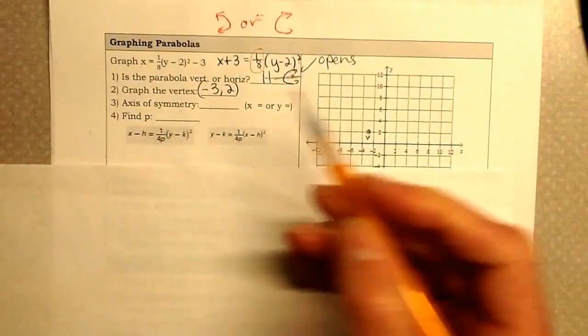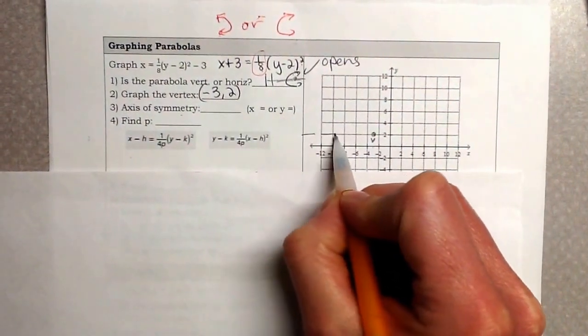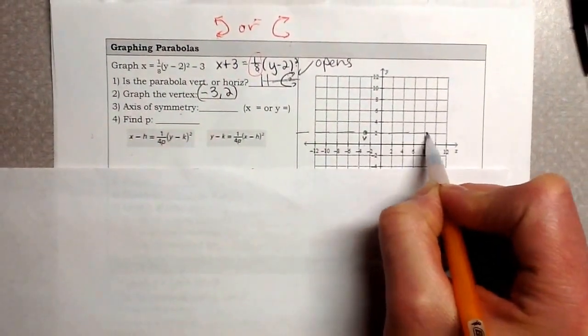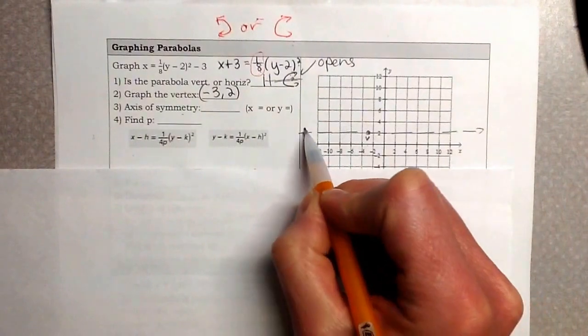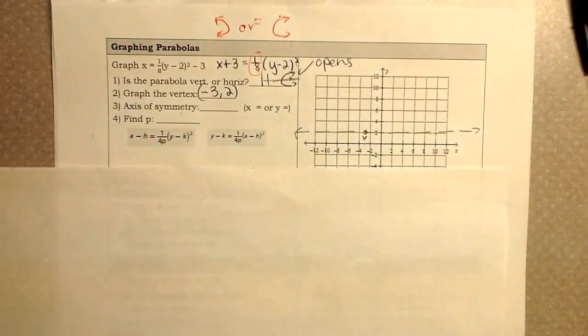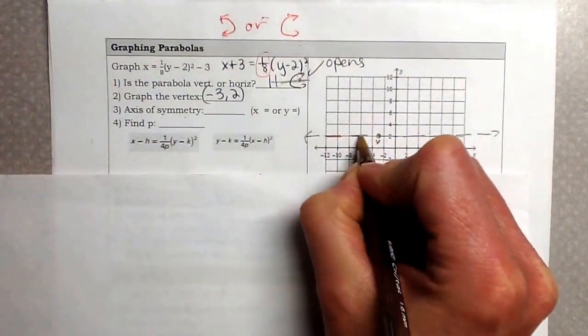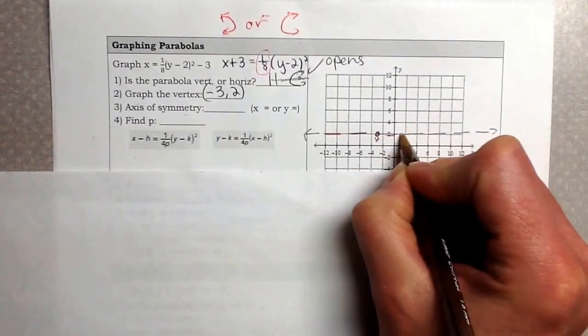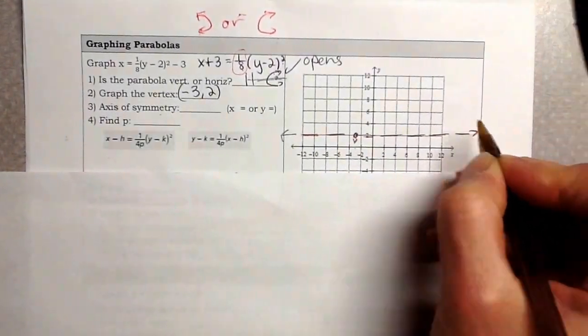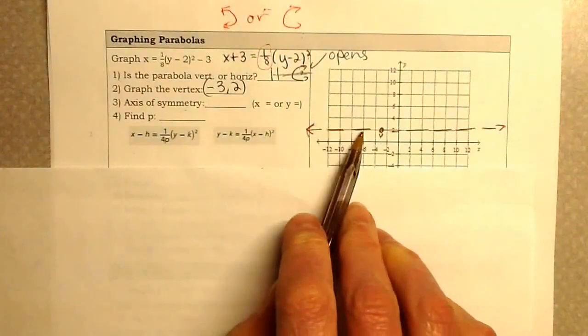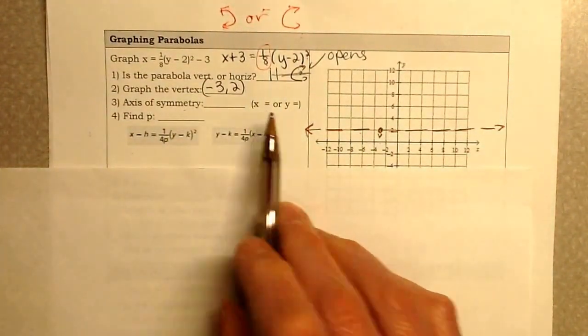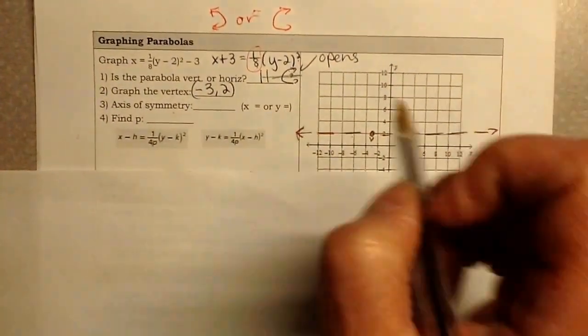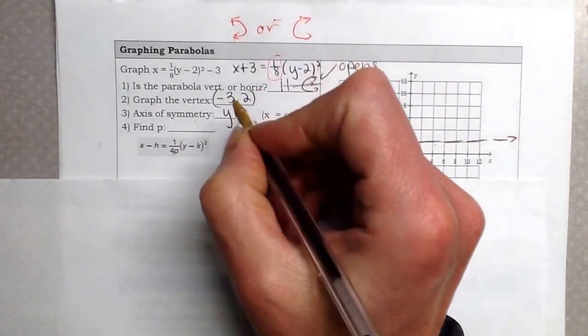Our axis of symmetry is going to go through our vertex. Actually, maybe I better make that red so you can see it a little bit better. Now this is a line, so you have to say either x equals or y equals. Since it crosses the y-axis, it's going to be y equals 2.